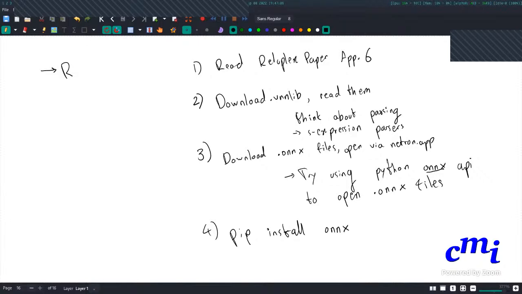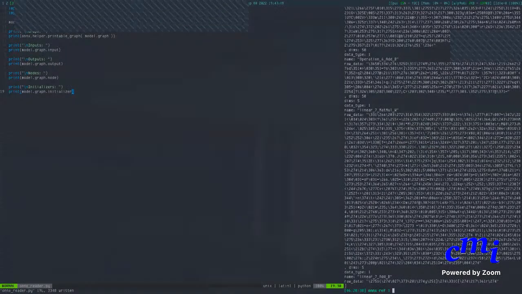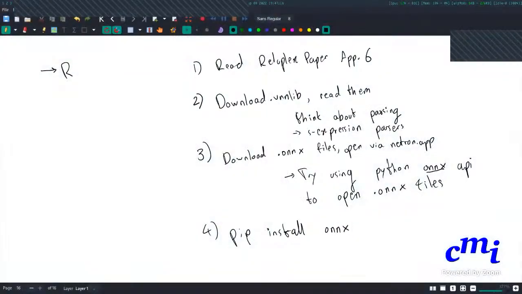Right, I had actually hoped that I'd be able to cover how to open and work with these .onnx files inside Python, but I'll write that up and send it to Moodle. Do you think it will be okay if I write that up and send it to Moodle, and then you can take a look at it offline? If you guys have questions, then you can always contact me.